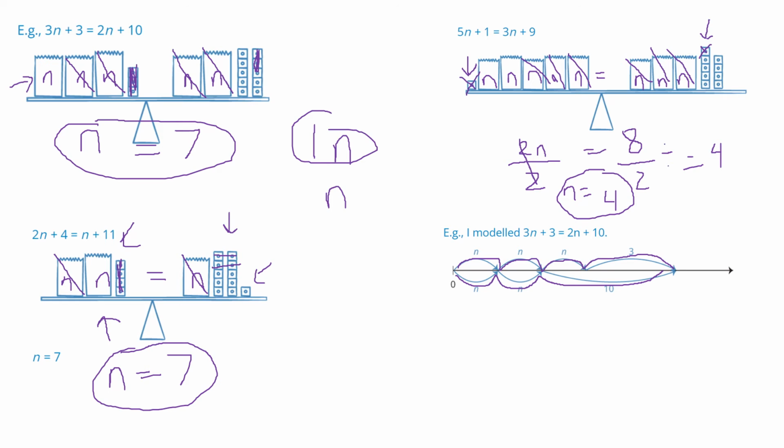From there, we balance it out the same way. If we take away 2 n's from the bottom, we take away 2 n's from the top. That leaves us with n equals. If we take away 3 from the top, we take away 3 from the bottom, and that equals 7. So n equals 7.